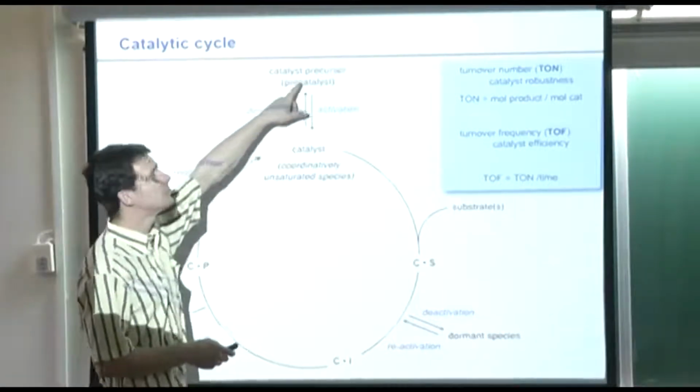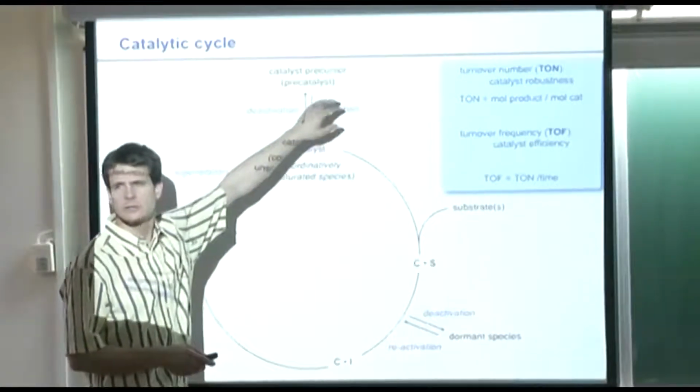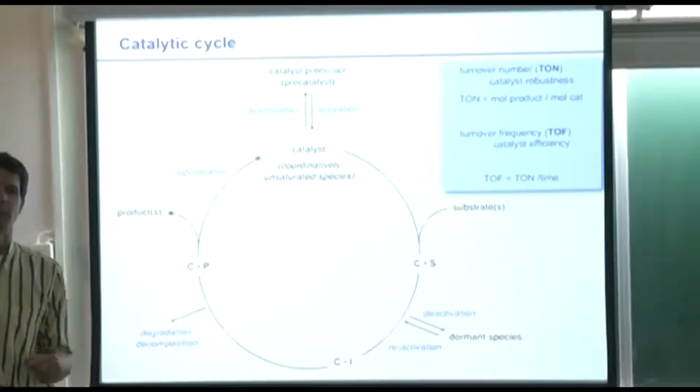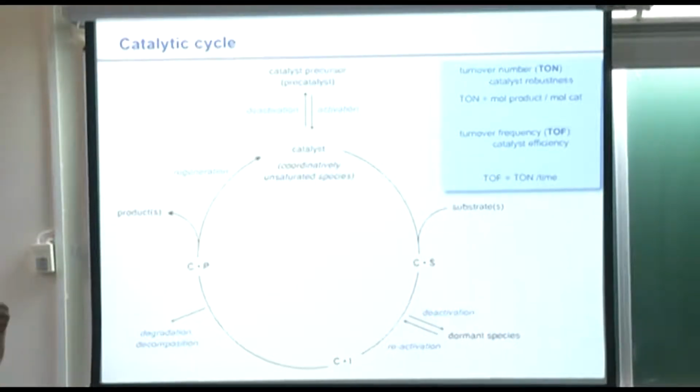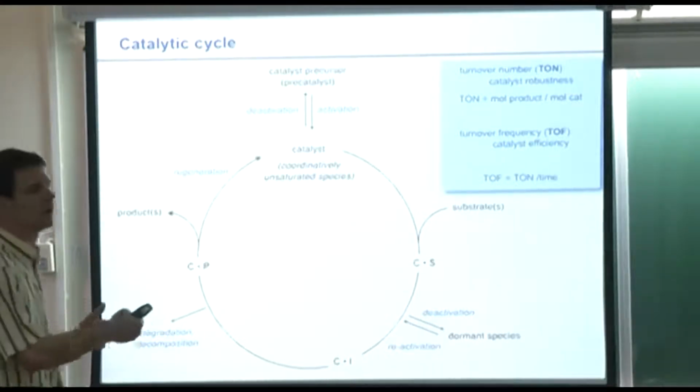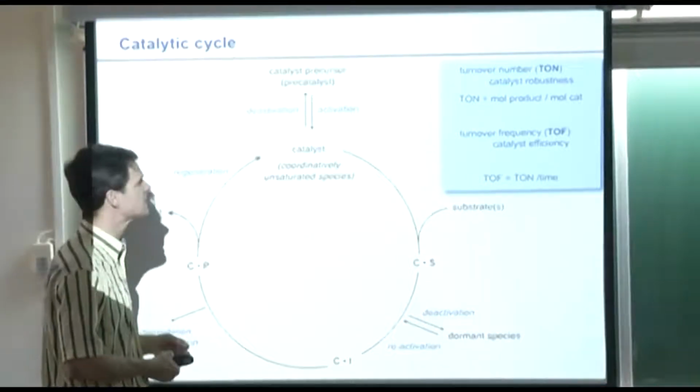One is that typically what we put into a reaction mixture is not the catalyst but the precursor. Typically the complex or the system that we put in a solution needs to get activated. It needs to lose a ligand, it needs to start to get oxidized, it needs to make a solvate complex, whatever.